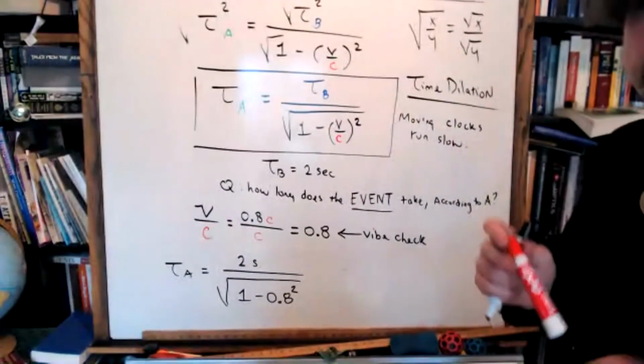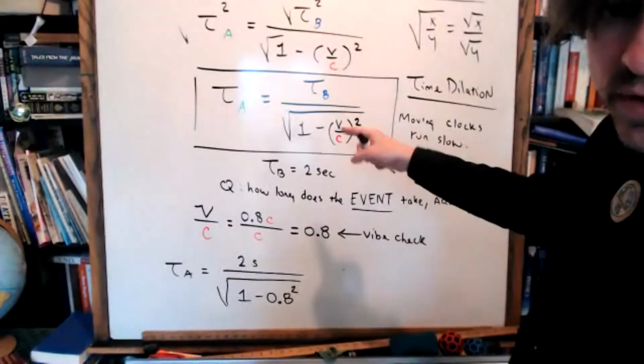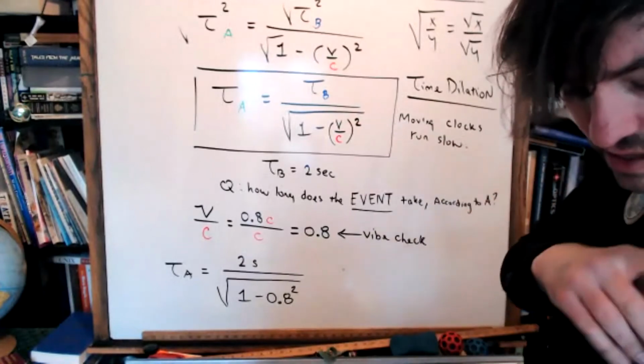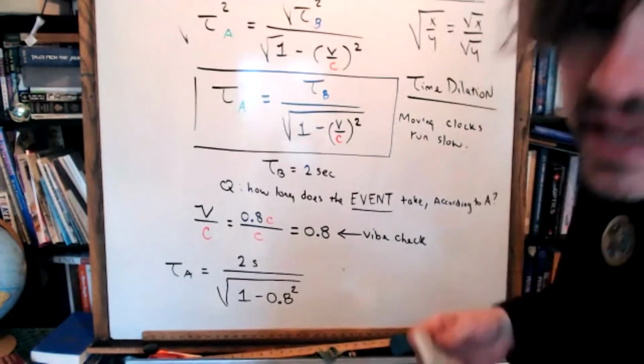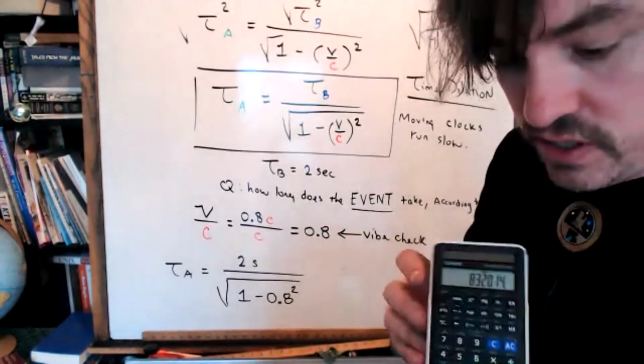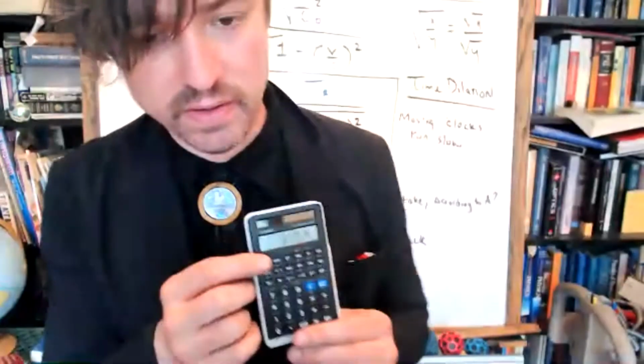You all agree with that? Because V over C is 80%, right? Okay. Calculators out. I'm not even going to let you try this one on your own, okay? You're going to follow me.